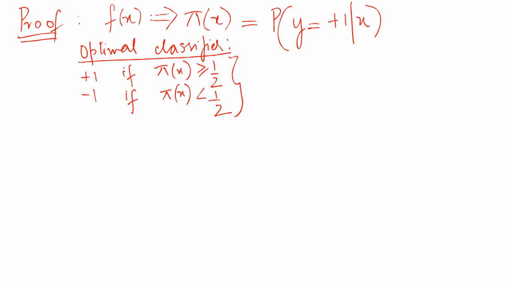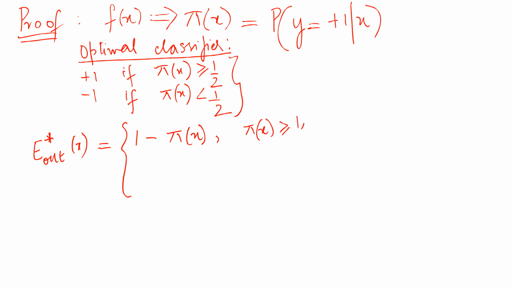Let's see what optimal E out I get with this optimal classifier. Everything is probabilistic here, so what is the probability of error I'm going to get? I'm denoting it by star. So my E out star of x is going to be the probability of getting an error. That can be denoted by 1 minus pi of x if pi of x is greater than or equal to half: the true value was +1, but we classified it as -1.